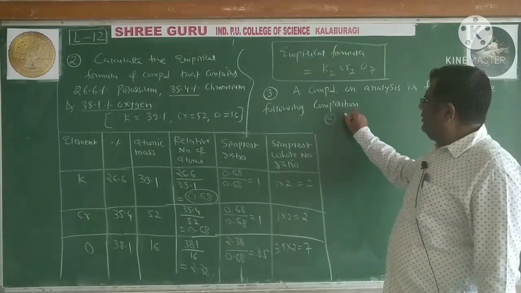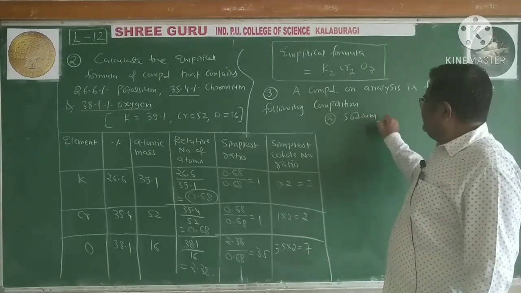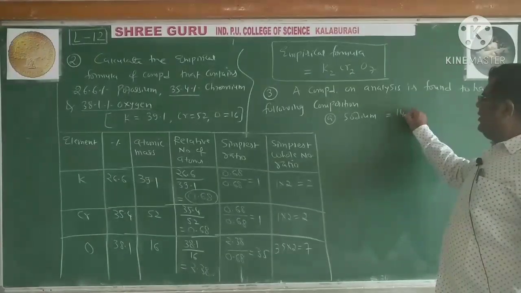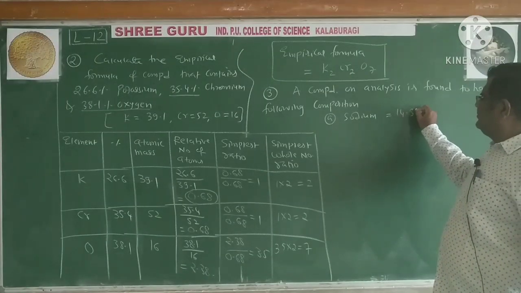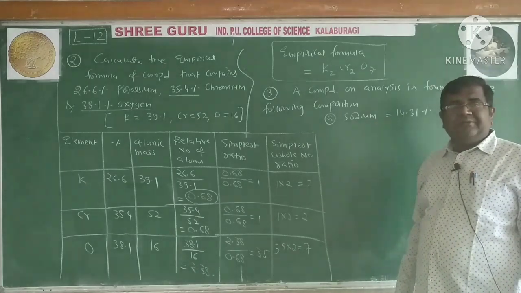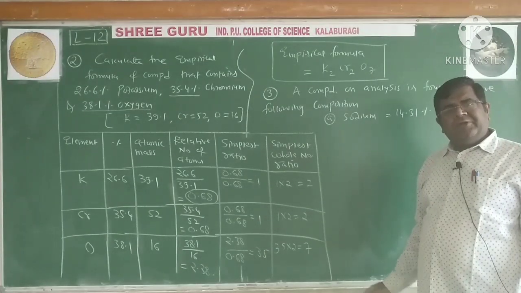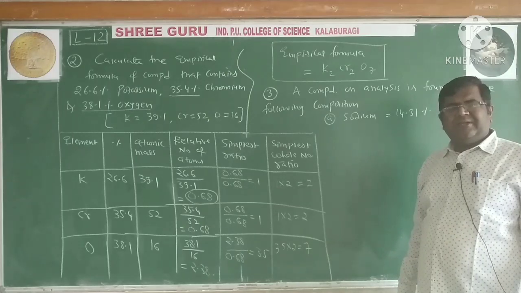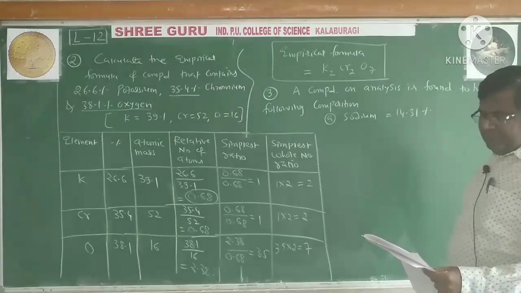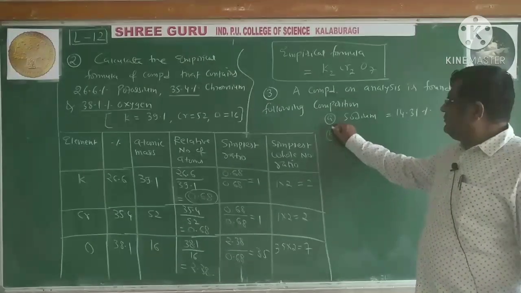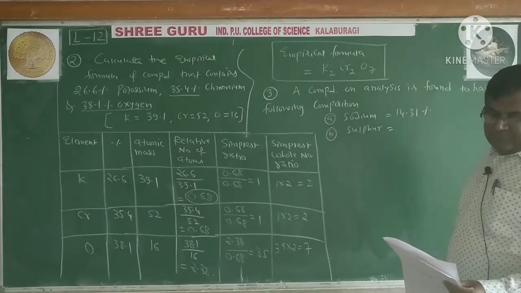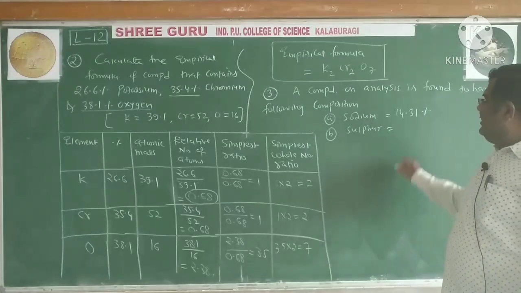Sodium 14.31%. You should know the symbol of sodium. They will not give the symbol. They will give atomic masses. Sulfur 9.97%.